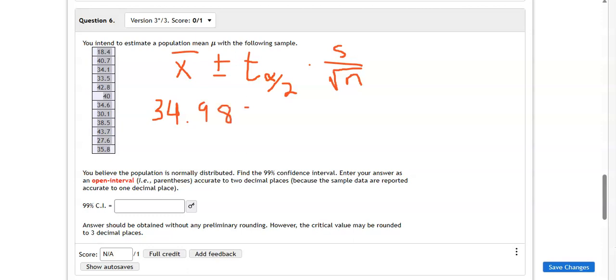I apologize for my slow writing on the screen, but when I'm writing with my mouse, unfortunately, that's the way it goes. All right, and then t of alpha over 2 was that last number that we got, 3.10581.